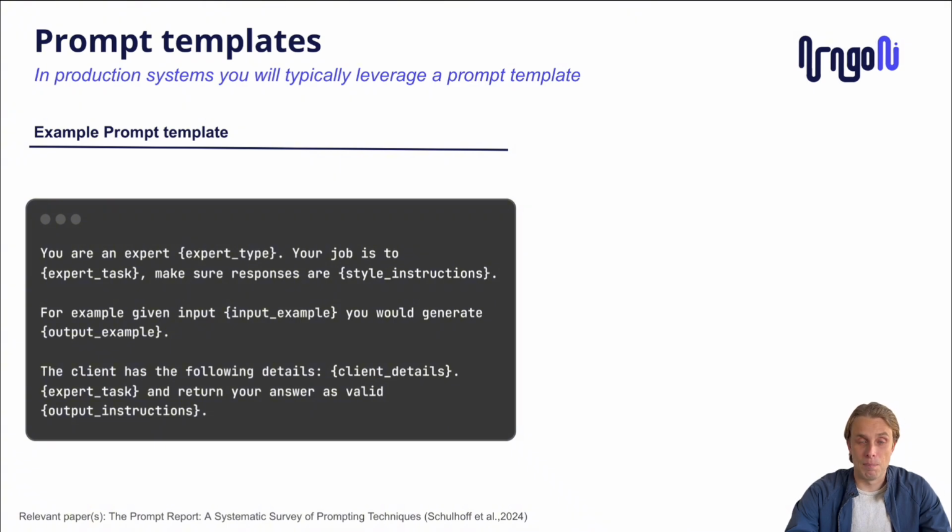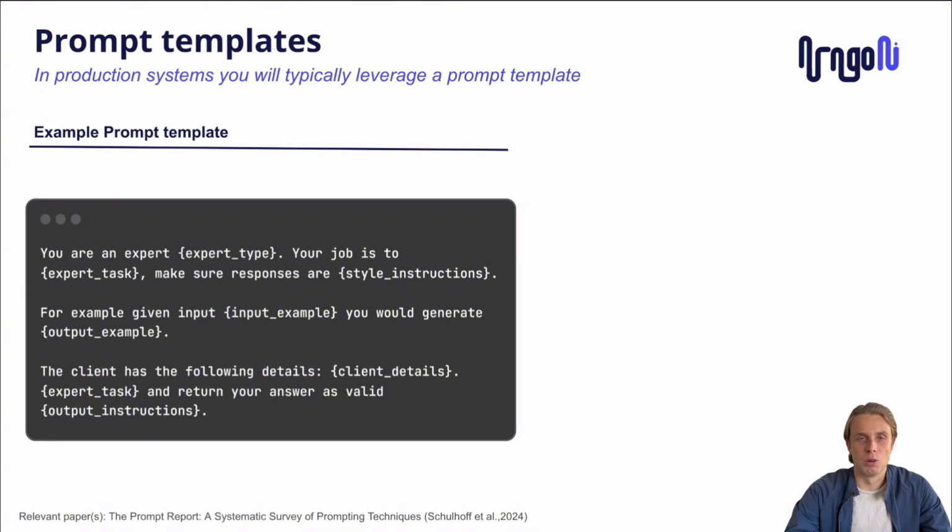We have a base, the bones of our input that we want to use as our prompt, and then we add placeholders in certain areas that are to be injected at runtime to make it applicable to multiple users. A clear example is having a placeholder for your client's details. Then when the generation is run, you retrieve those client details from your database and inject them into the prompt, and the output is conditioned on the prompt with the user details for that specific user.